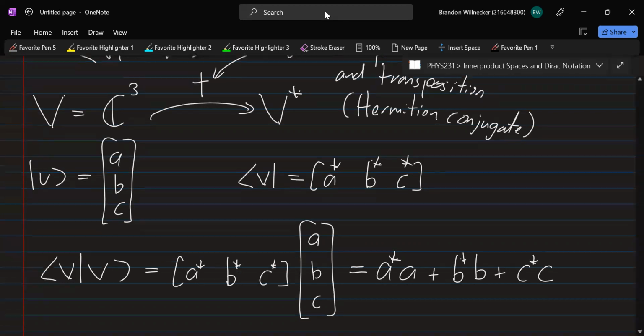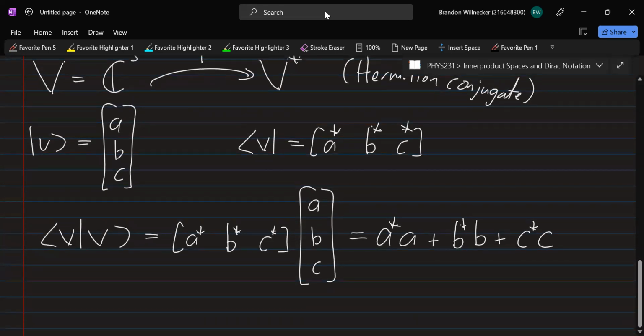Generally, if these are different elements, so if we had a bra V and a ket W, for example, that would in general be a complex number.